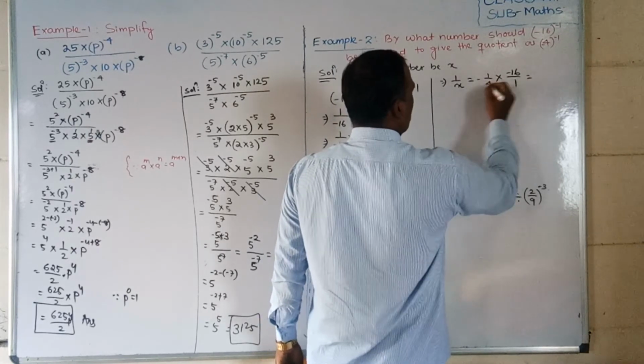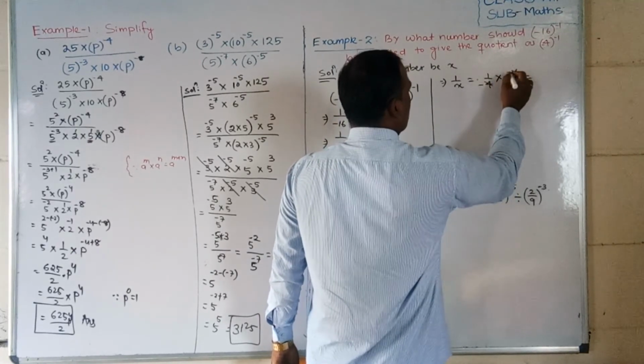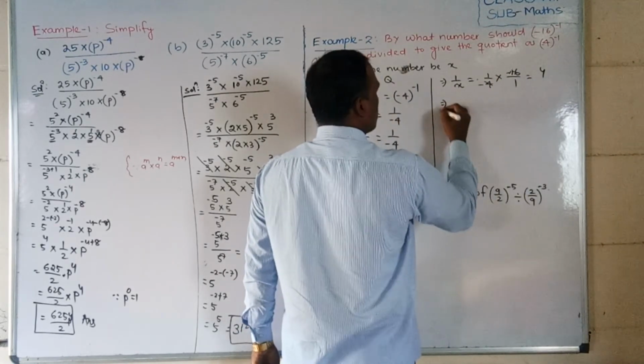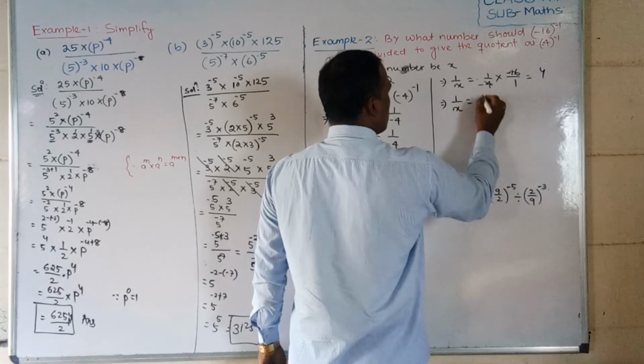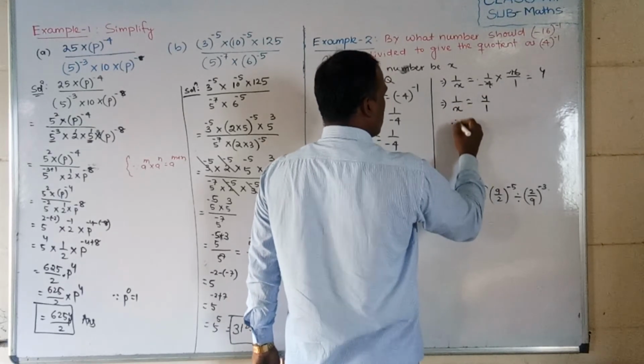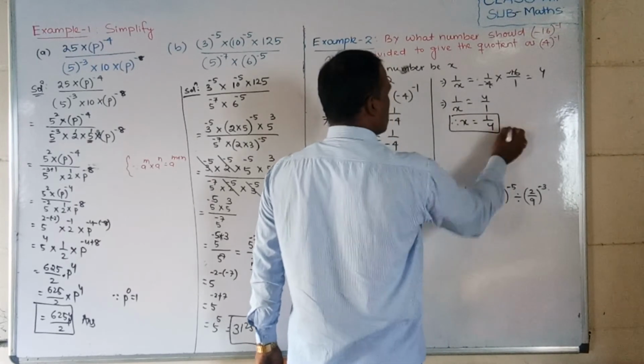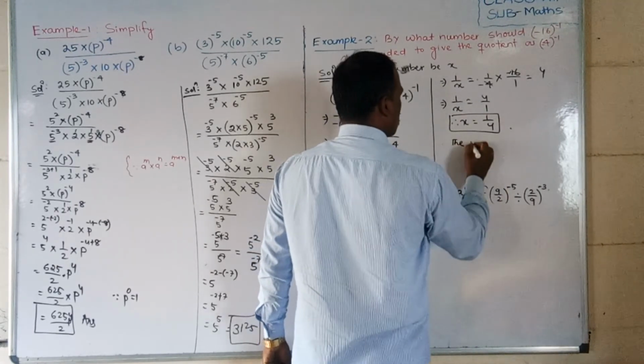If you cut, minus minus cancel, and 4 remains. So 1 by x is equal to 4 by 1, or x is equal to 1 by 4. This is our answer.